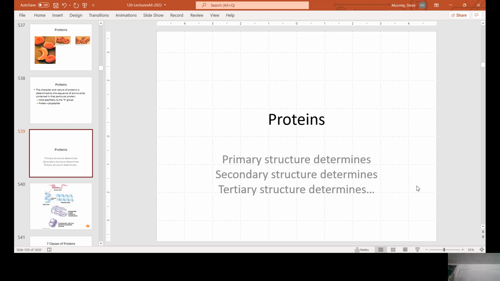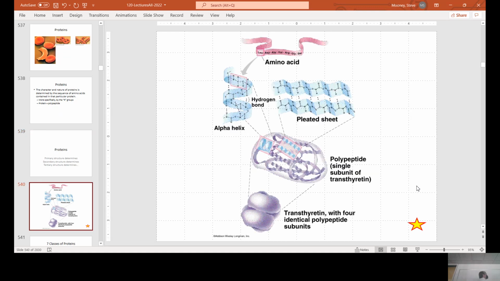So getting that individual amino acid in the right spot is going to make sure that protein folds the way it's supposed to. So in this diagram, primary leads to secondary, leads to tertiary. One determines the other.